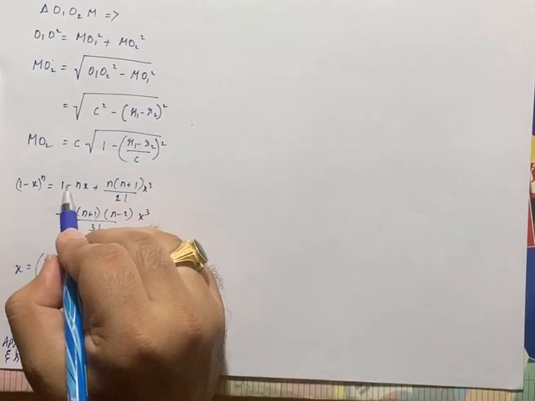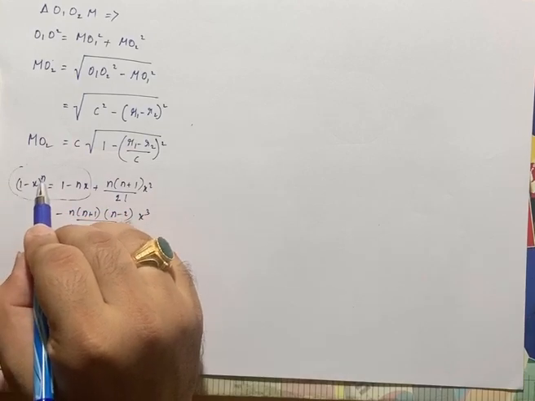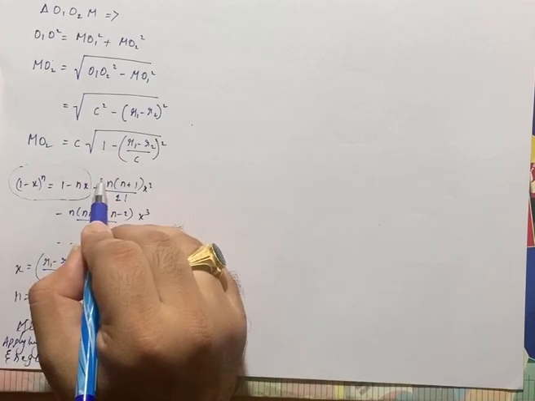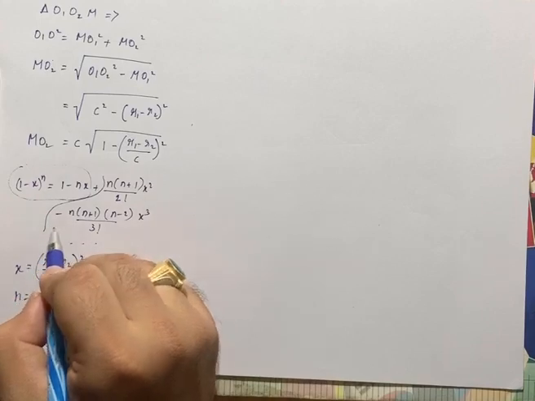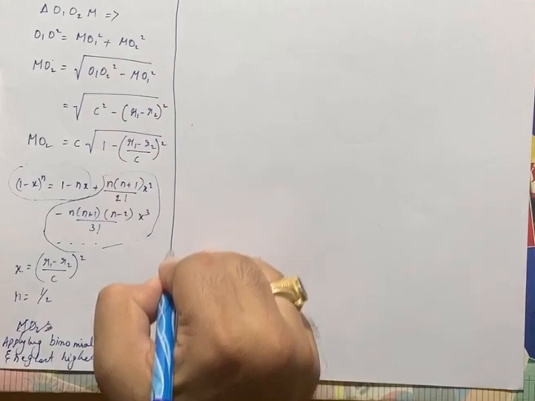What I have done, I am taking only this term here, that is (1 minus x) raised to n is 1 minus nx, but the remaining terms I will be neglecting because of the higher powers, right?